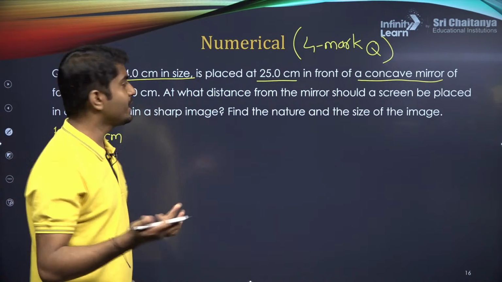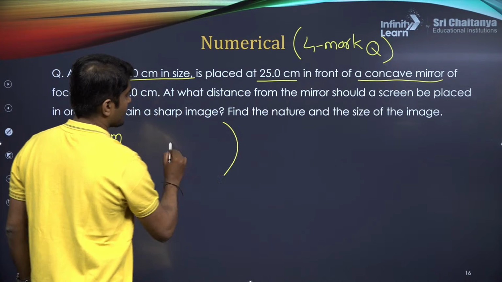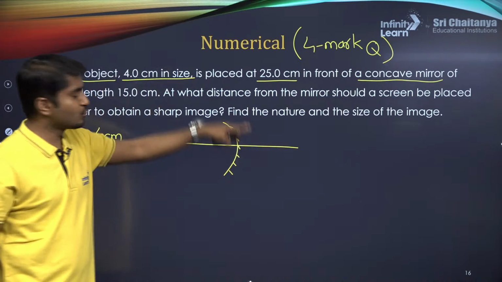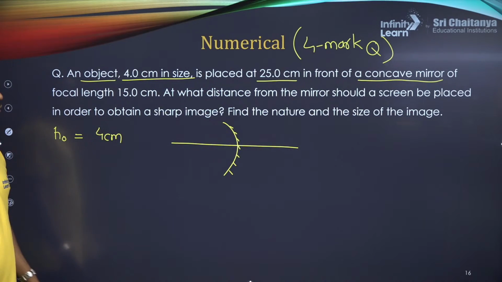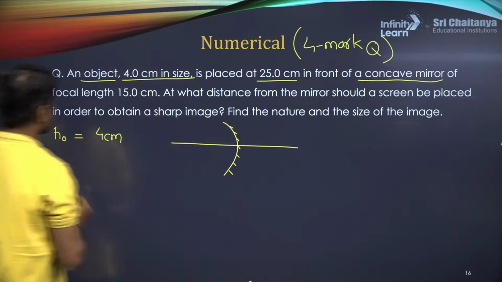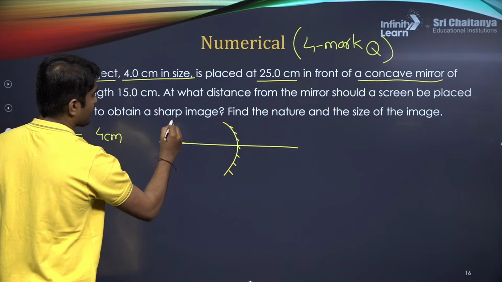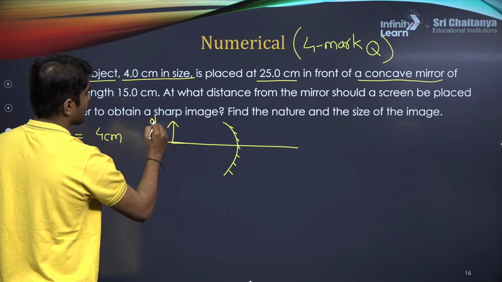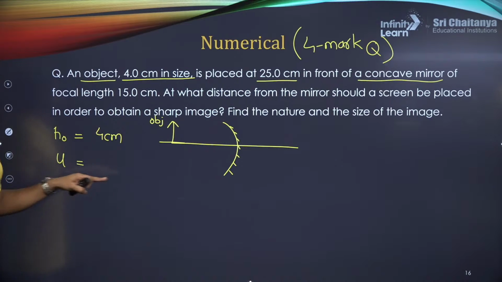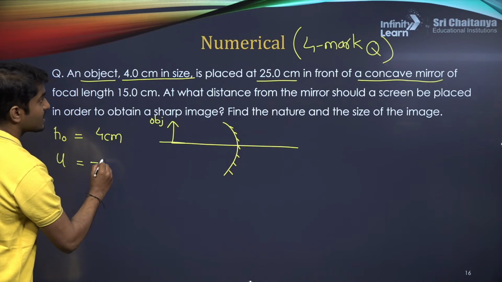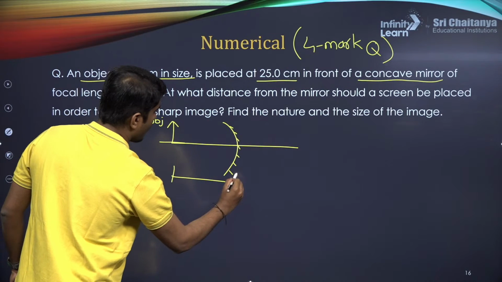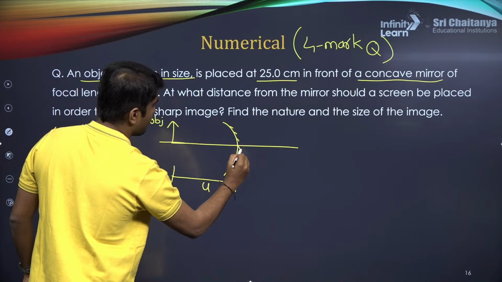You don't need a proper ray diagram. So there is a concave mirror. You don't have to draw this here all the time, but up to you. So this is the object distance. You'll keep the object here. There is an object. So this object distance u is going to be negative, which is minus 25 centimeters. So this is our object distance u. There is a pole. Okay.